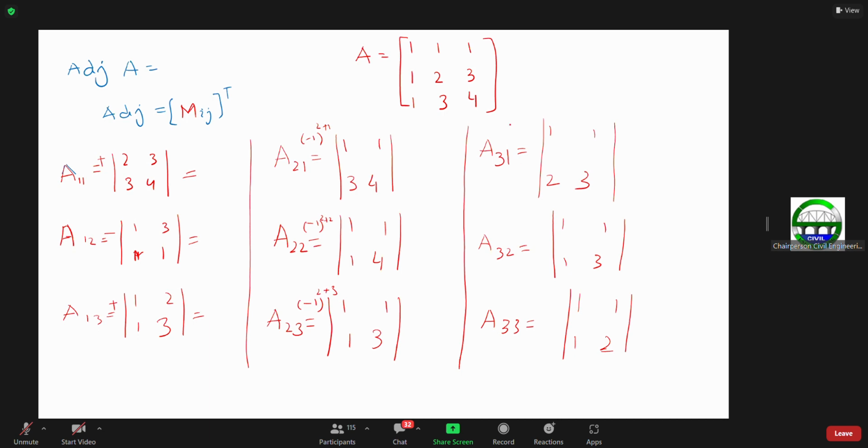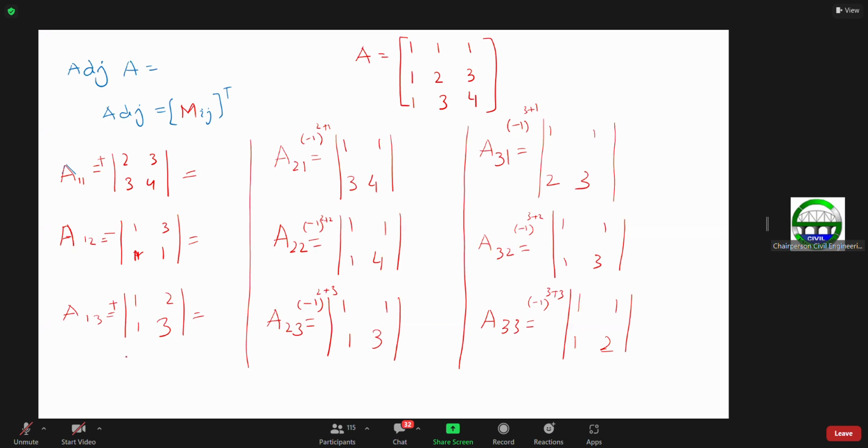Okay, again, sign will be minus 1 raised to power 3 plus 1, minus 1 raised to power 3 plus 2, minus 1 raised to power 3 plus 3. Okay, is it clear?